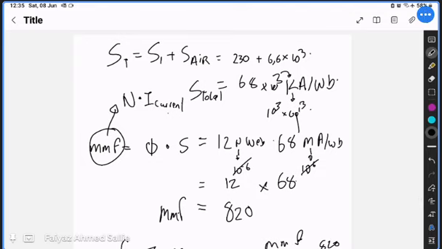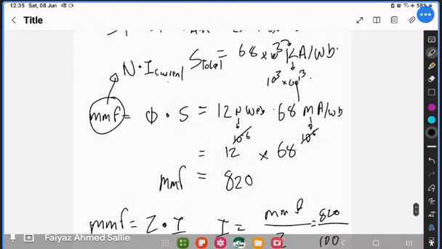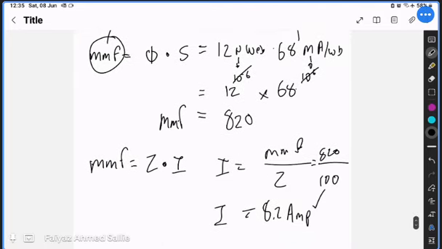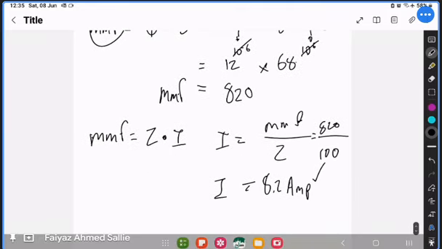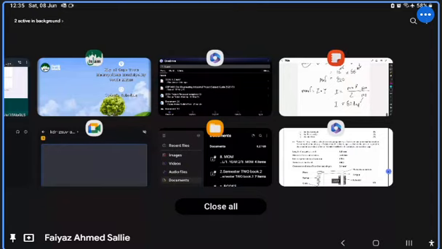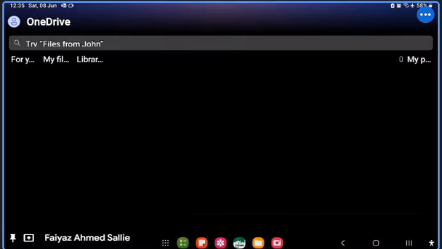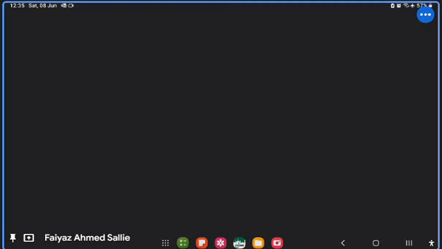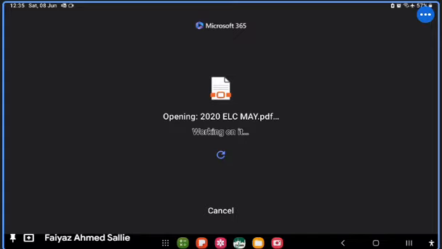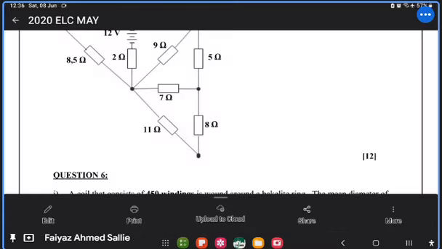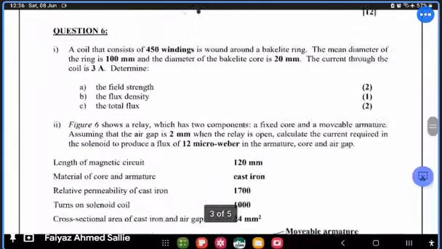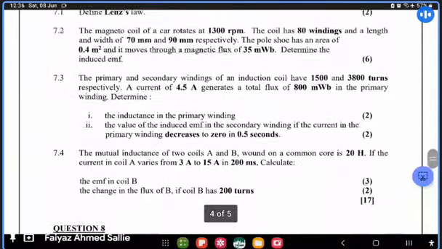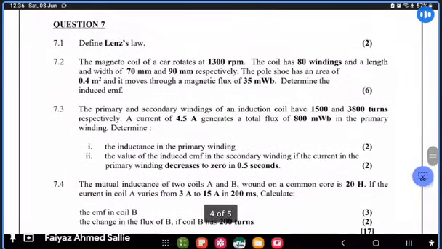At about two, we'll continue with the next question. So we finished all of this, question 6. So at 2 p.m. we will be doing question number 7.